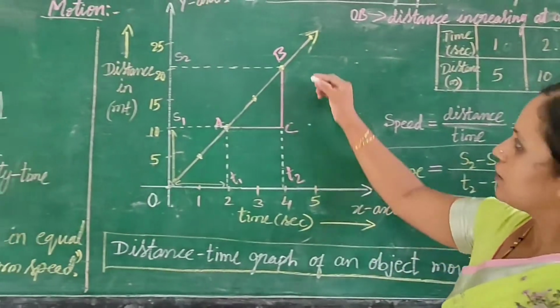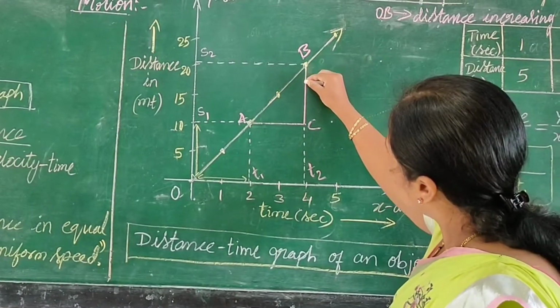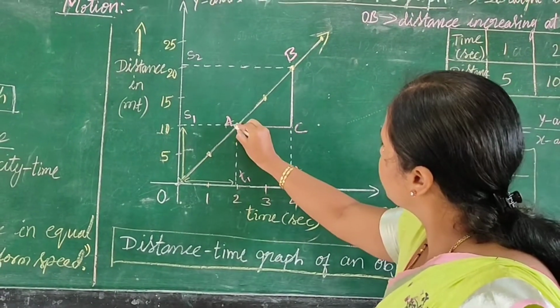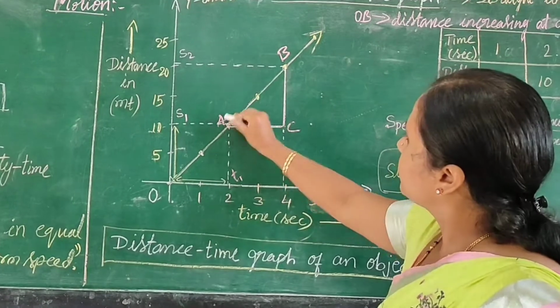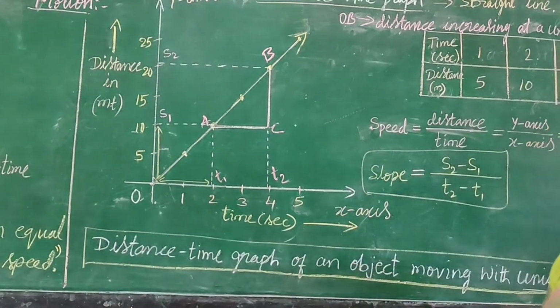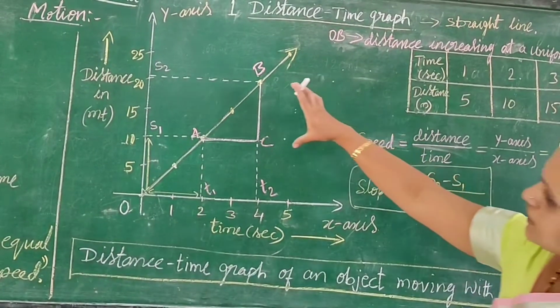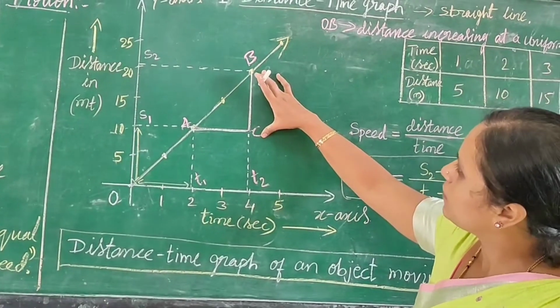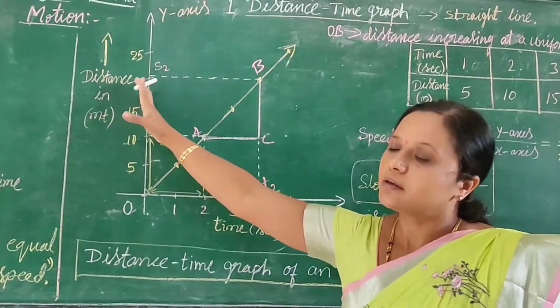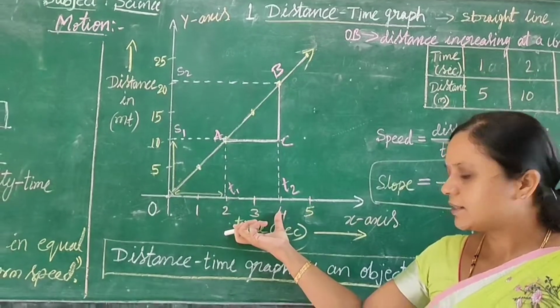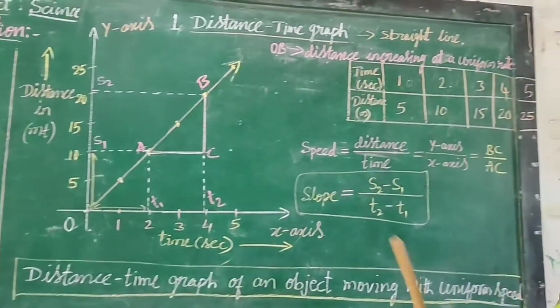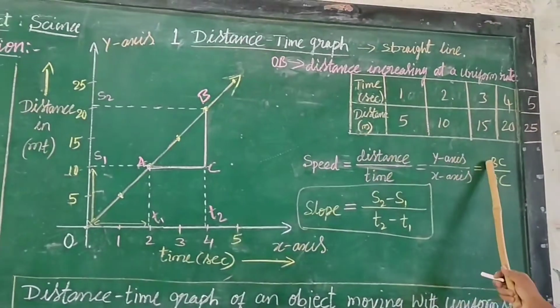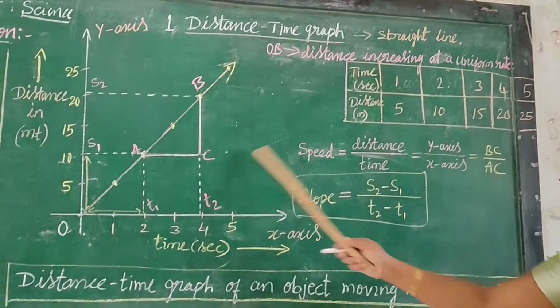Now I want to draw a triangle here. So now you can observe this one. I draw a triangle, that is ABC. So we can see this BC. This BC part is the distance part, and AC part is the time part. So the distance is BC and time is AC.